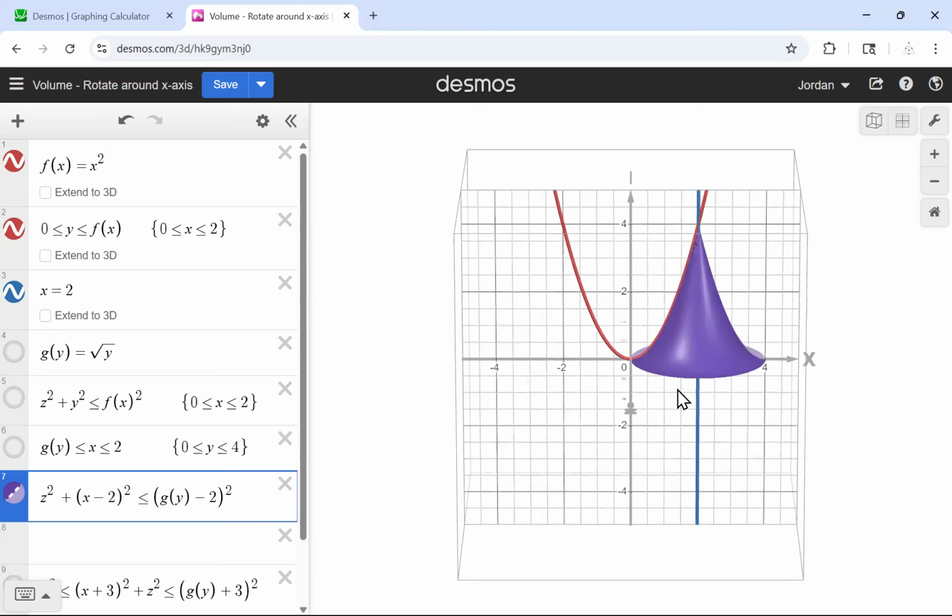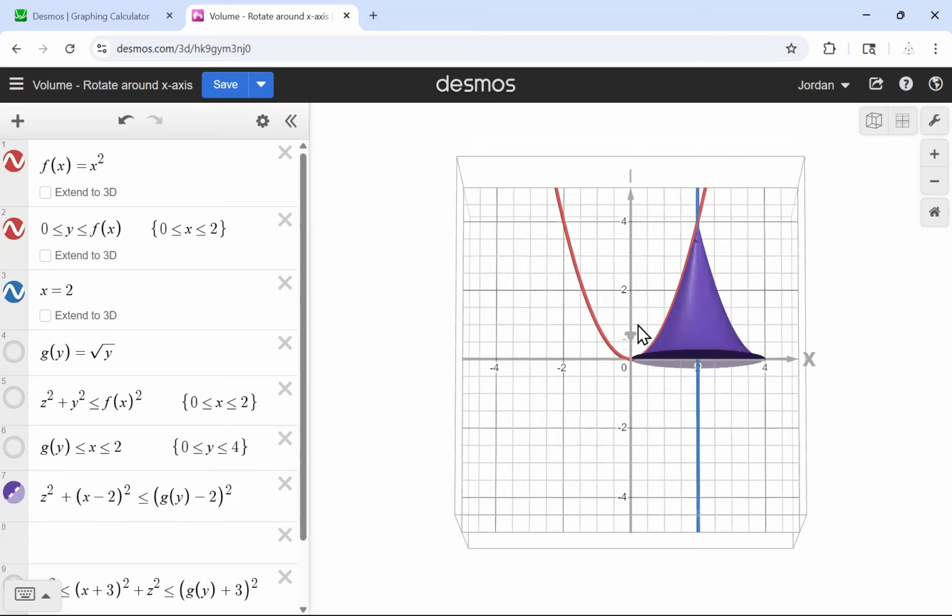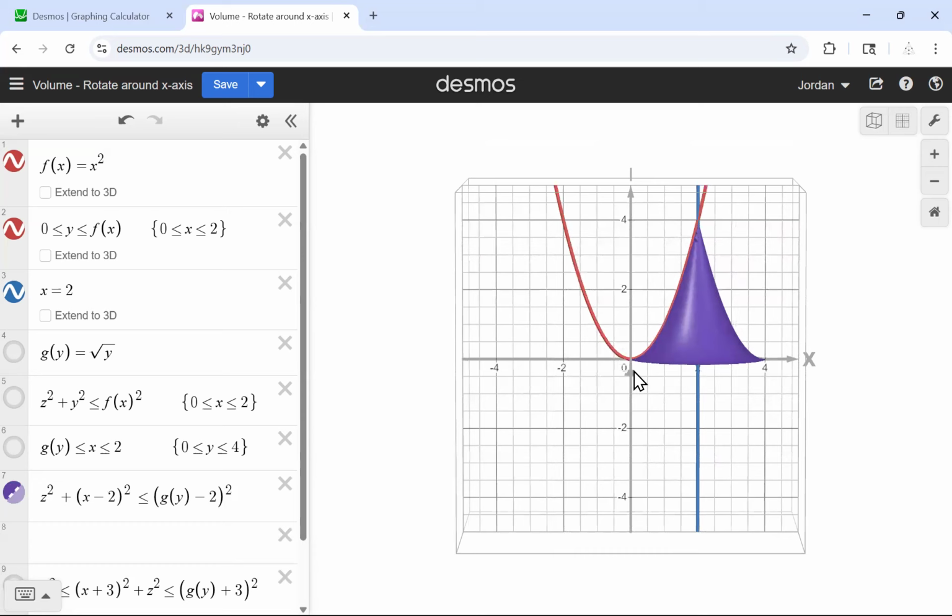But that sort of cone-shaped object is what we just found the volume of. And we said the volume is about 8.38, or if I was being exact, 2 2/3 pi. So there we go.